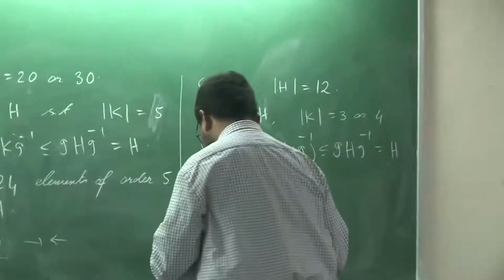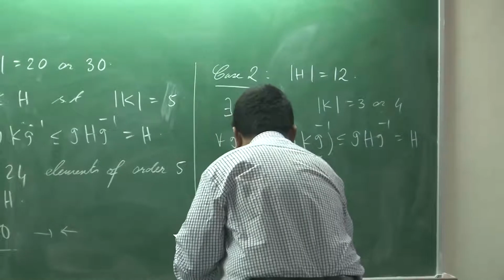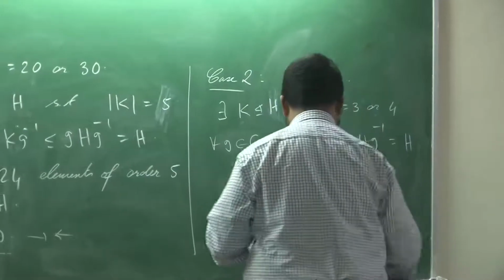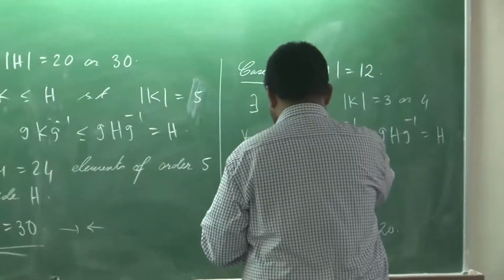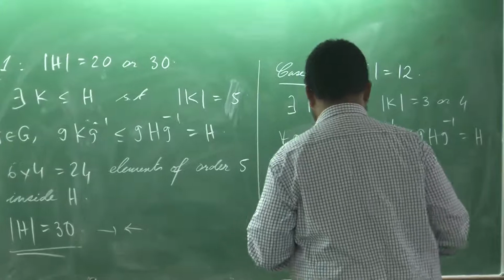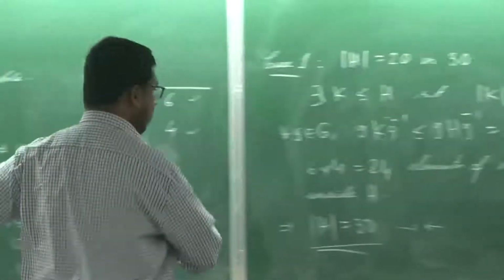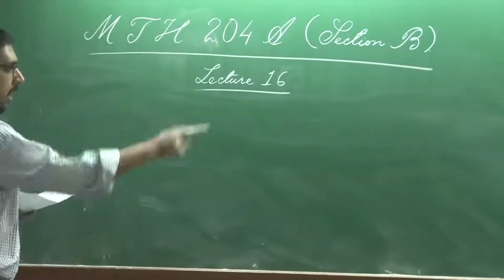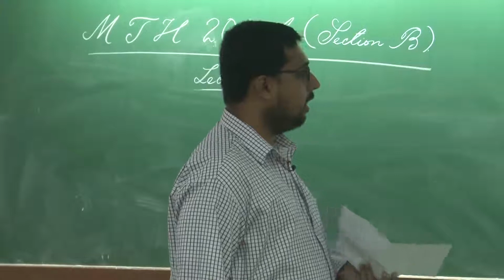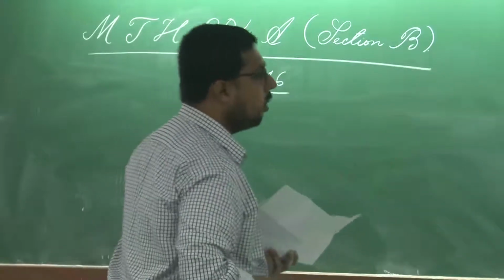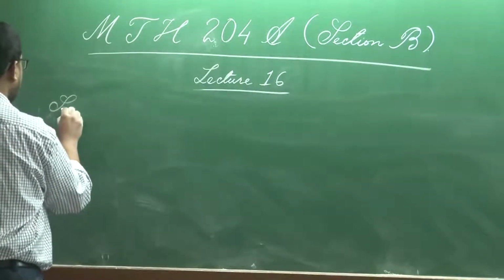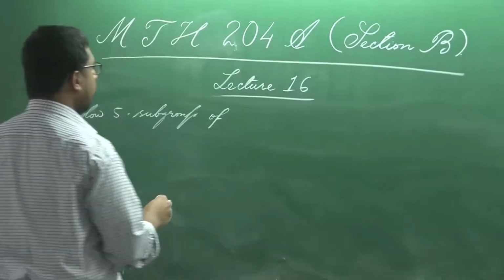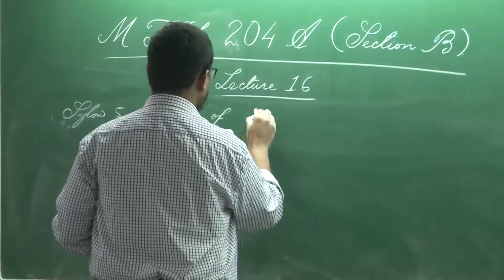Then 5 is dividing that, and you can easily see from Sylow's theorem that the Sylow 5 subgroup of G modulo K is normal.